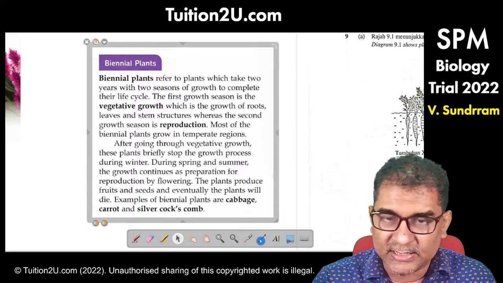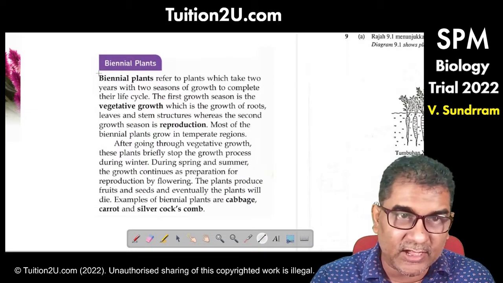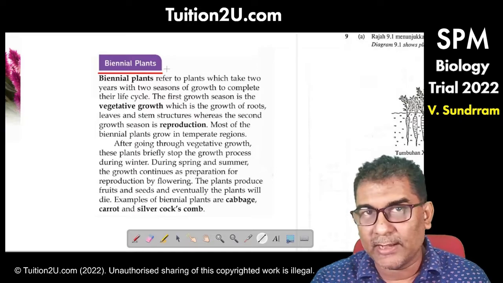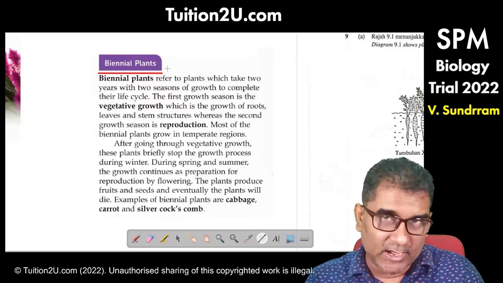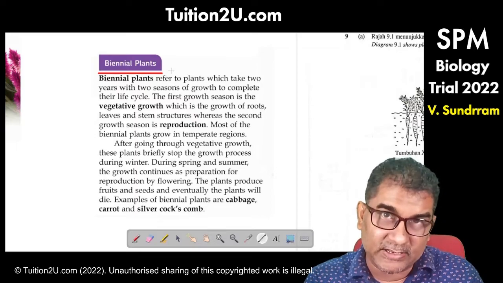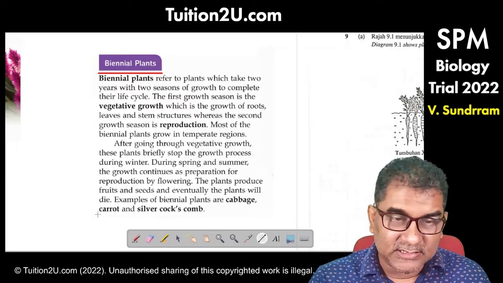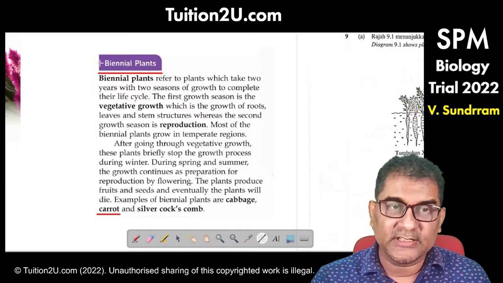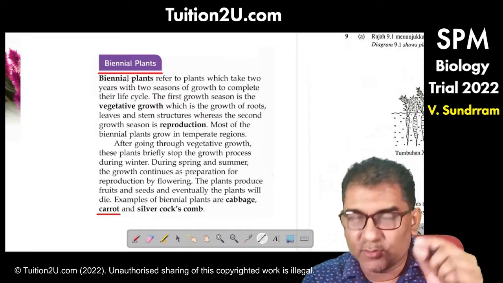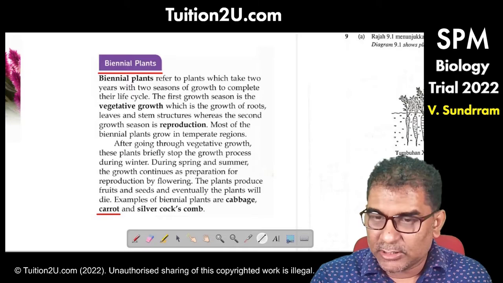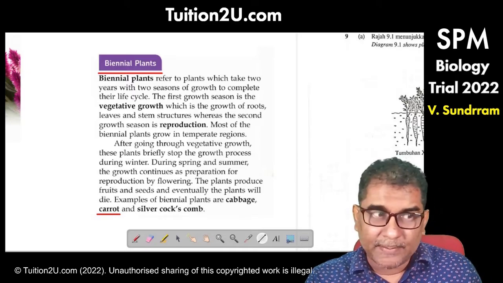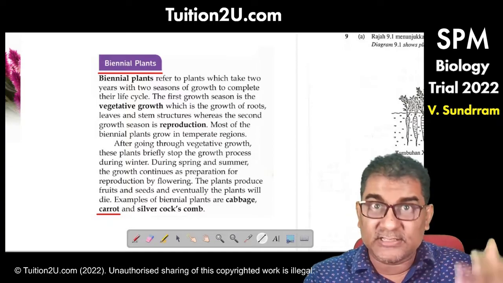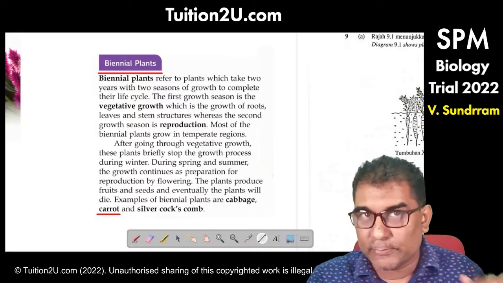If I make this a bit larger, earlier you identified plant X as a biennial plant. In case you want an explanation, the question only asks us to state, so we don't have to explain. But let's say there is a question, explain what type of plant this is.